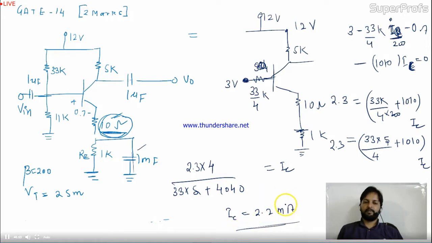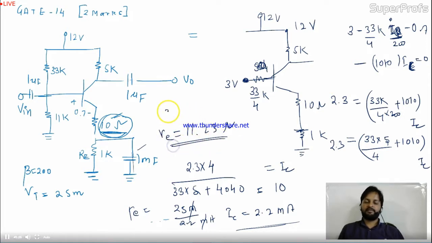2.2 milliampere, so the IC part is over. Now re is VT divided by this. VT is 25 milli divided by 2.2 milli. The milli will cancel out. It will be nearly 10 point something. Is it okay? Actually it will be 11.23 ohm. So this is your re. If this is re, what is beta re?